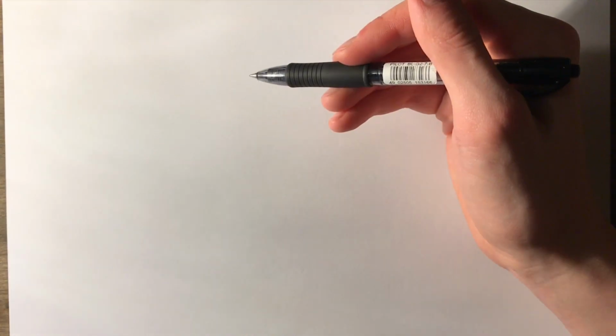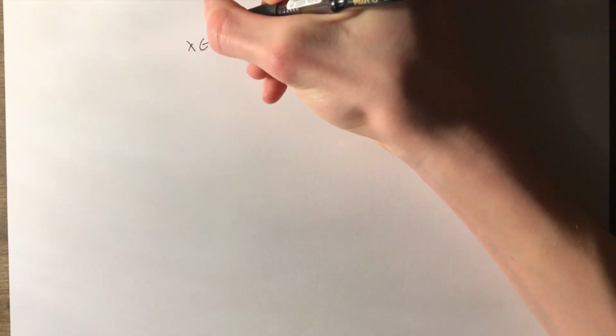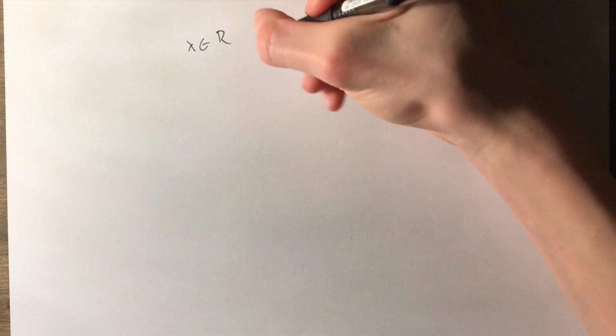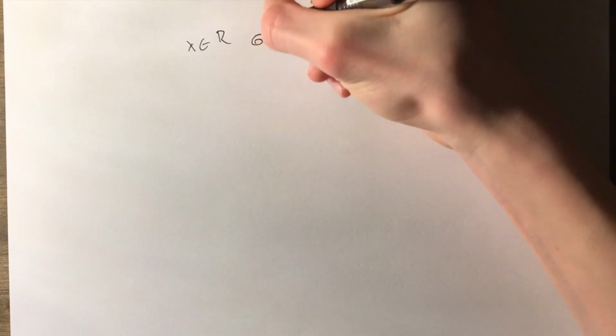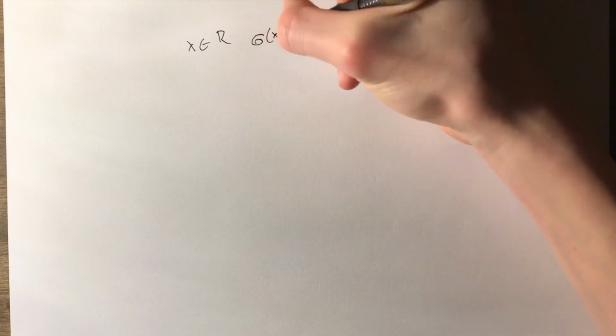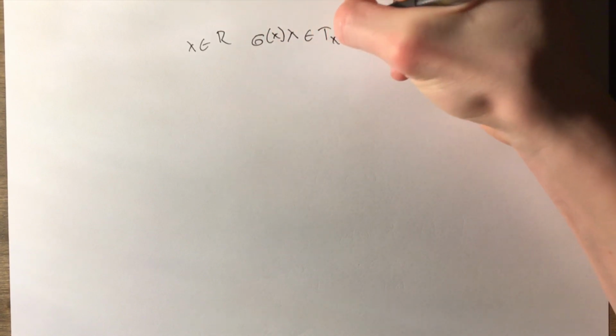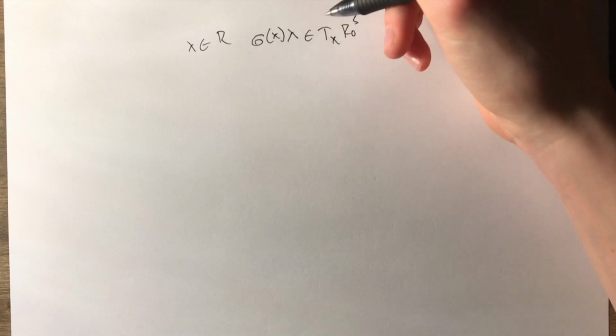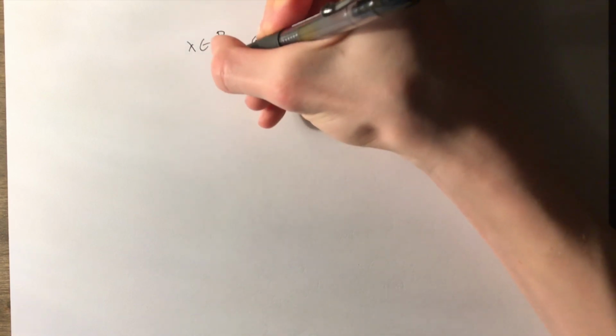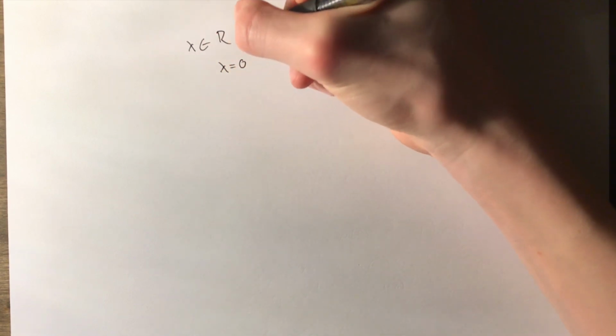We shall show that for any lambda, an element of R, it holds that sigma of x times lambda is an element of the tangent space. And we have that for lambda equal to 0, it holds.